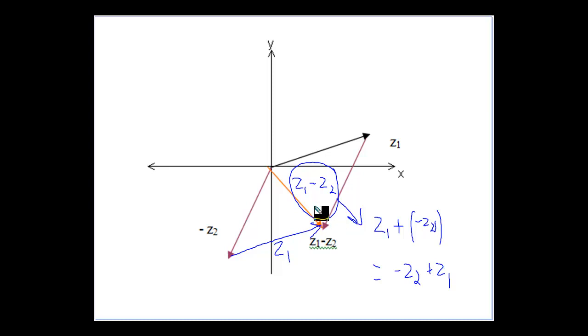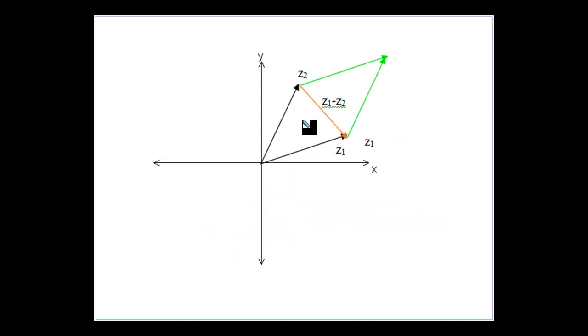So in that case, z1 minus z2 would be this vector here. I've put in z1 there too, because you can see that z1 plus minus z2 would be the same as minus z2 plus z1. So we could move z1 down there, and we can see that it's going to get to that same point. So that vector there is now z1 minus z2.